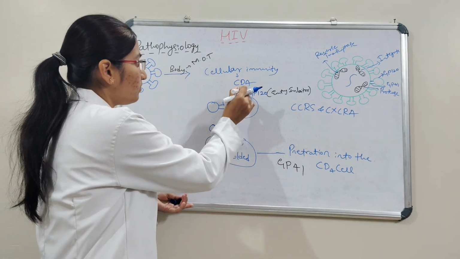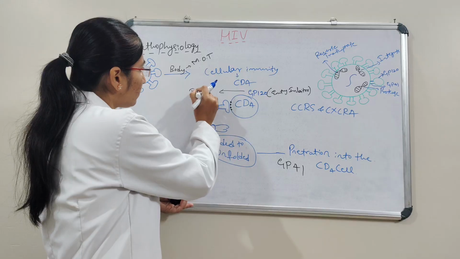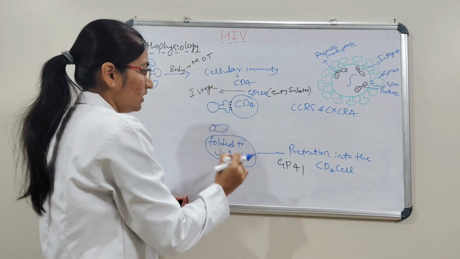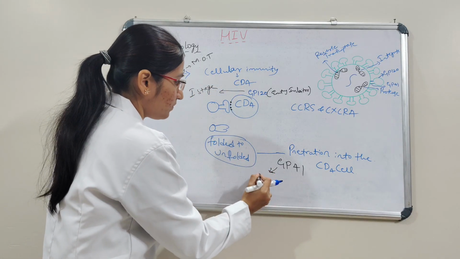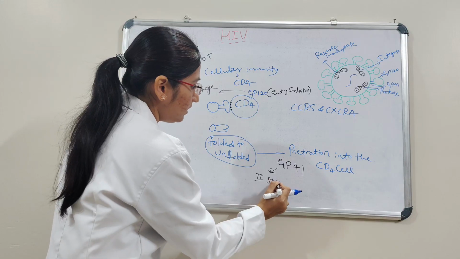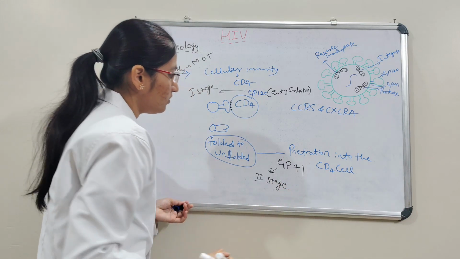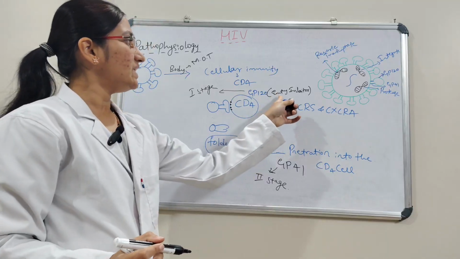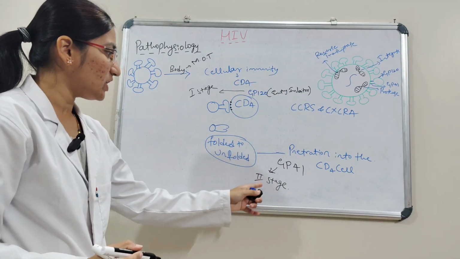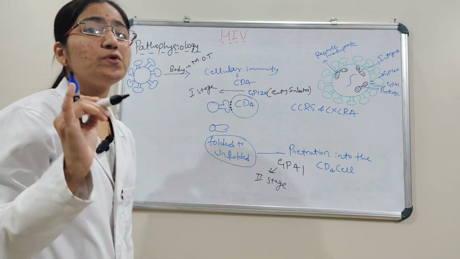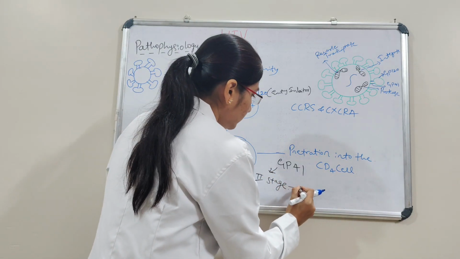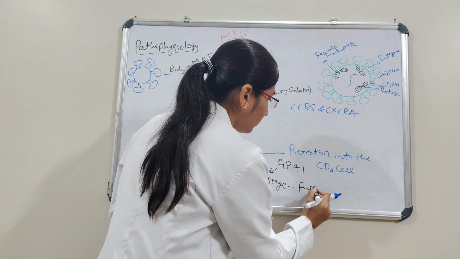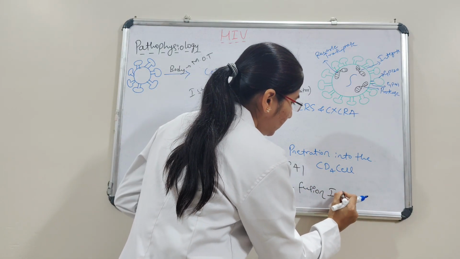This one is the first stage here, this one is the second stage here. First stage is GP120, that is the entry inhibitor. Second stage is GP41, that is the fusion inhibitor.